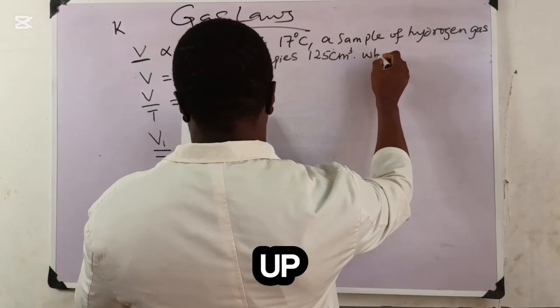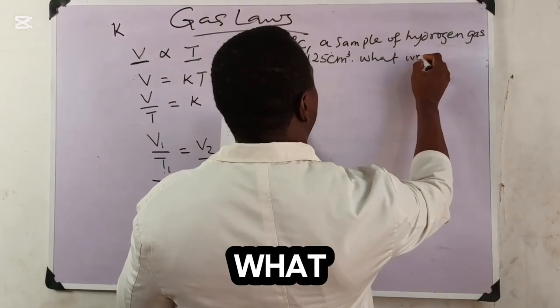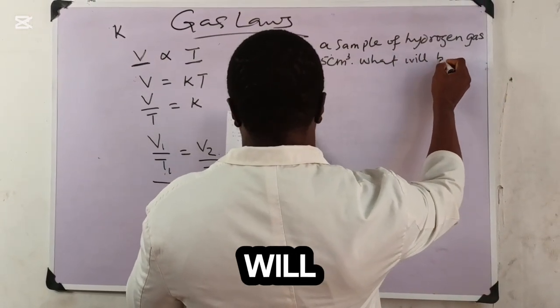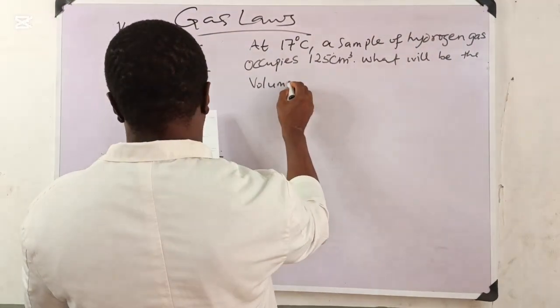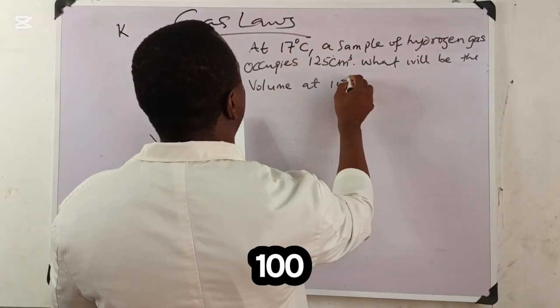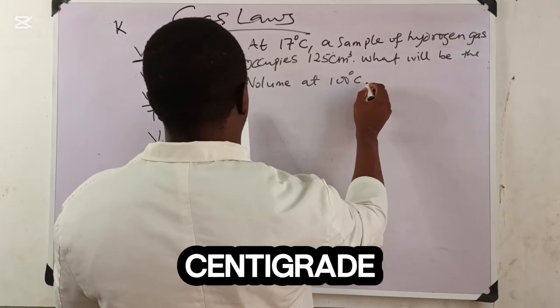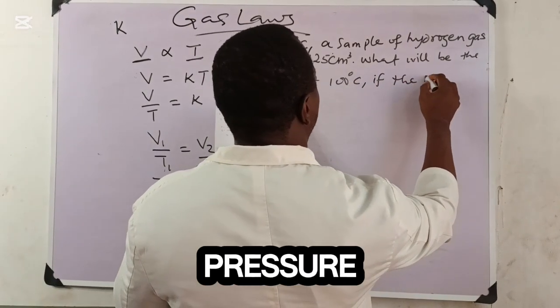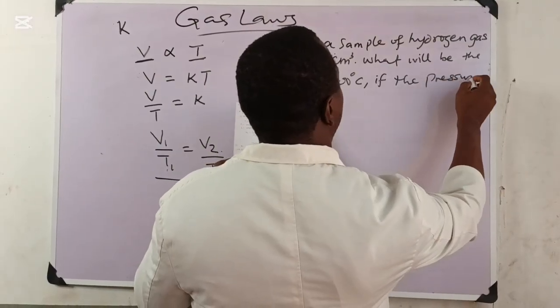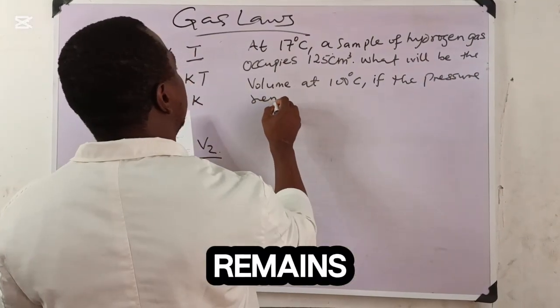What will be the volume at 100 degrees centigrade if the pressure remains constant?